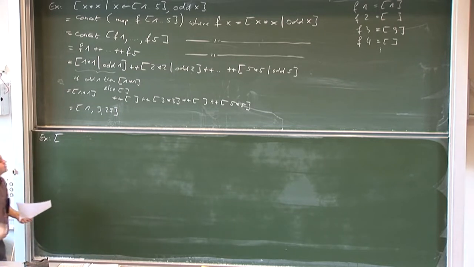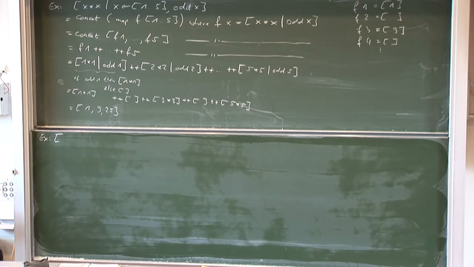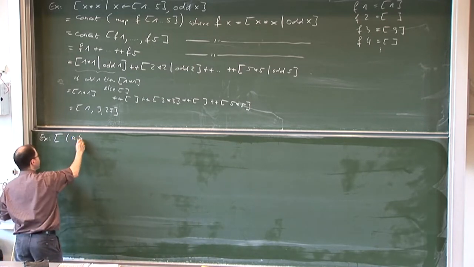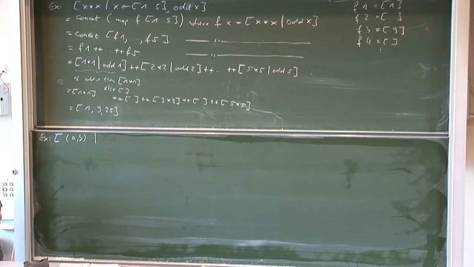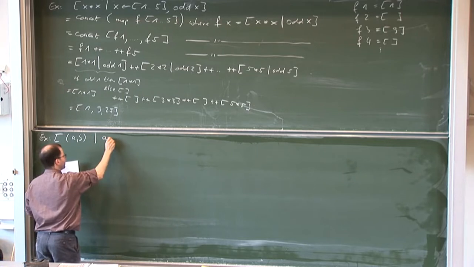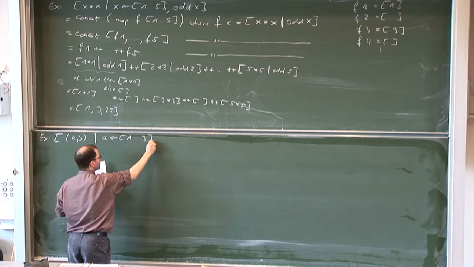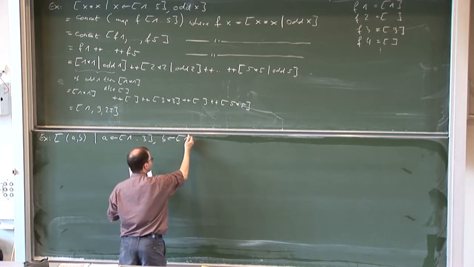Now, as you can see from this definition, the order of the qualifiers plays a role, because you first take care of the first qualifier, then you look at the next qualifier, and so on. So simply exchanging the order of the qualifiers will also modify the result. And to see this, let's look at this. So here we generate the list of all pairs A and B, where A comes from the list 1, 2, 3, and B comes from the list 1, 2.